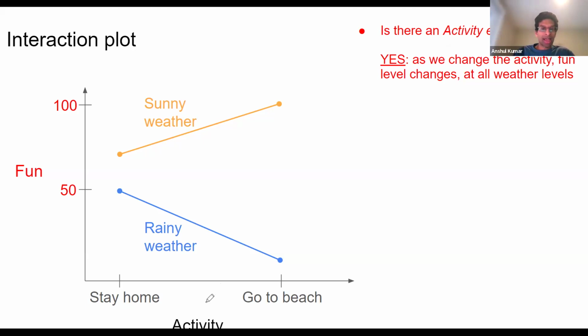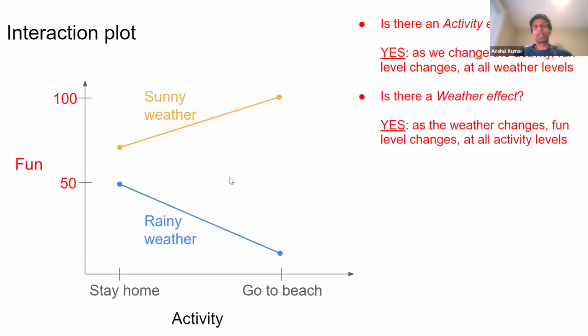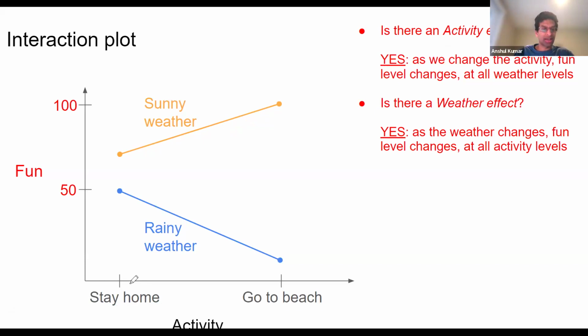All right, now let's look at it in a different way, which we did not focus on when we presented this scenario with the 2x2 table. Now we'll ask if there's something called a weather effect. So for the weather effect, let's just look at one level of activity, which in this case is staying at home.